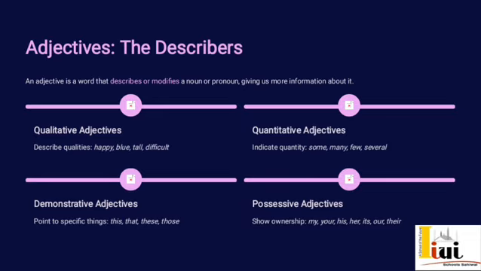There are 4 types of adjectives, which are qualitative, quantitative, demonstrative, and possessive adjectives. Let me explain the types of adjectives. The first one is qualitative adjective.